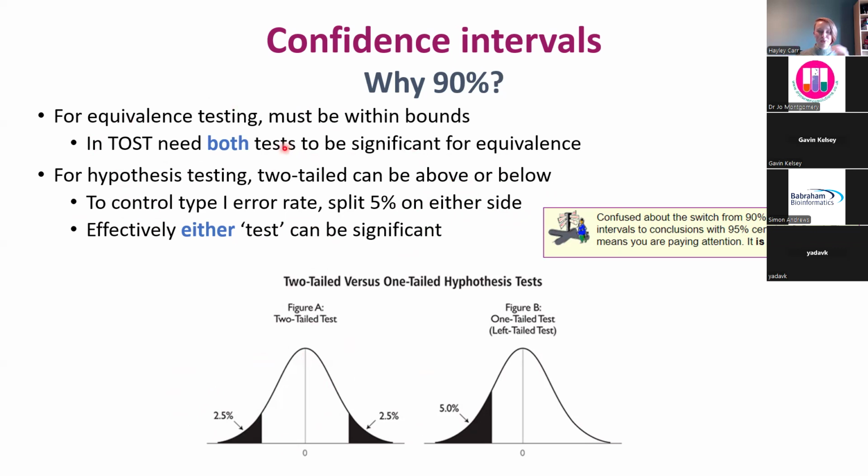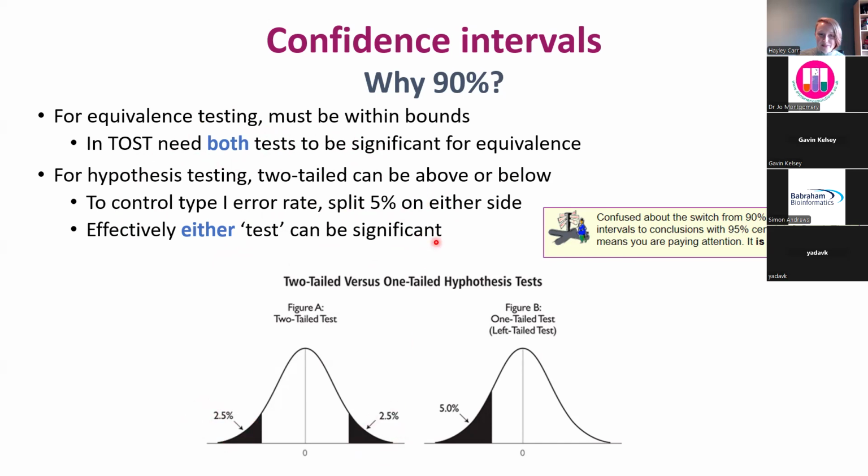So it has to be both above and below a boundary. And so both need to be significant. So your 5% works for both of them. For hypothesis testing with a two-tailed test, effectively, if you think about it in a similar way, either test can be significant. So it can either be above or below and still be significant. So you want to split your type 1 error rate on sort of either side of the population. So you end up with 2.5% on each side.